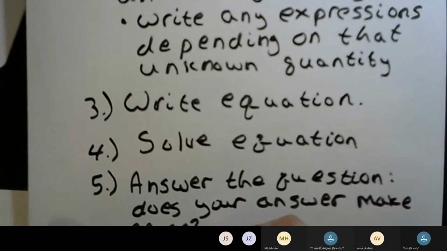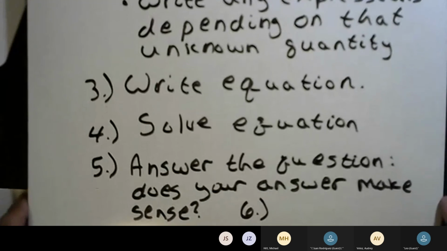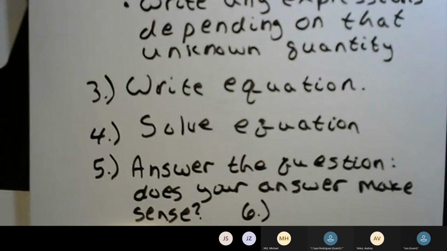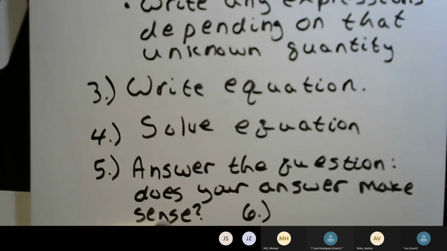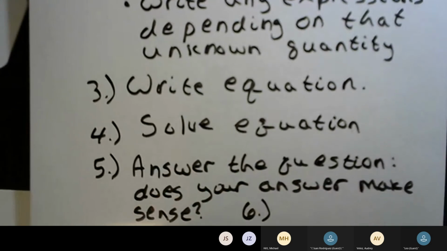In other words, if you're supposed to find an answer in feet, but you got an answer in degrees, that might mean something went wrong. And so you want to check to see if this actually is answering the question to begin with. This is a sensible answer.